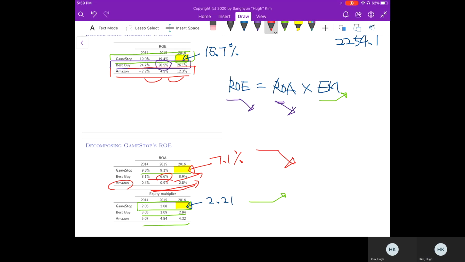So its ROA for 2016 is still greater than 2014's number and is a large improvement over 2015's number. So things are not so great for GameStop. Okay, that seems to be a big issue.